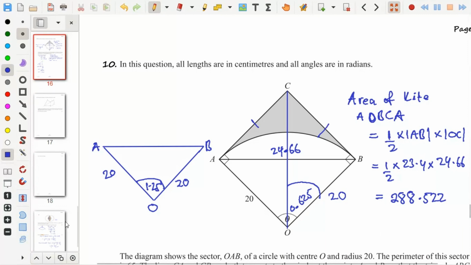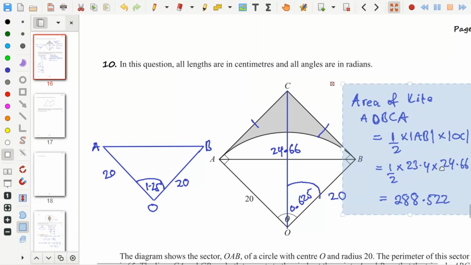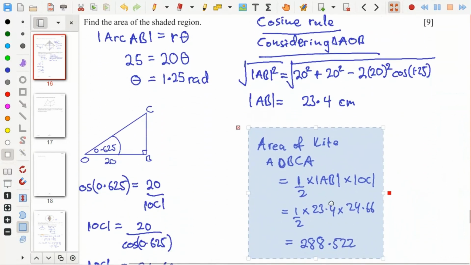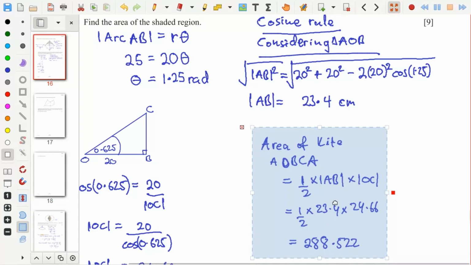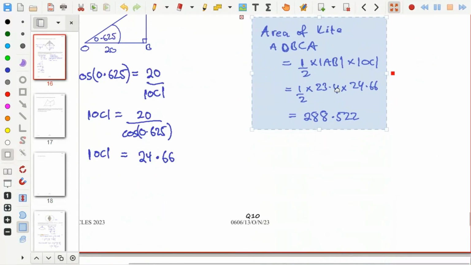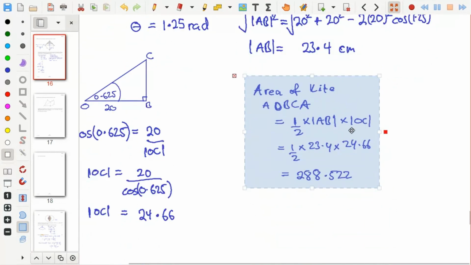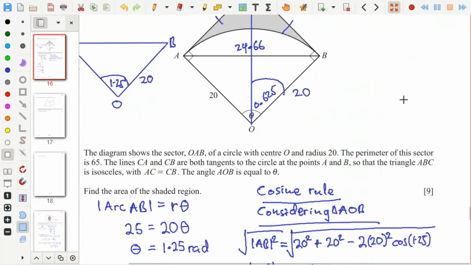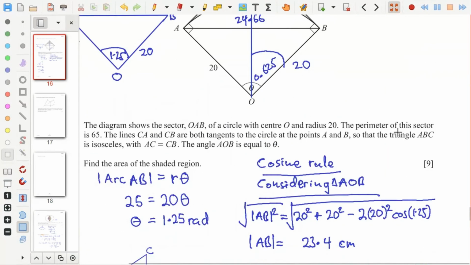You can do so later, I mean in your final answer. That's where it's appropriate for you to do that. So I found my area, the area of the kite. I can adjust my writing, my font size. You cannot do that. So don't follow me. Be careful.